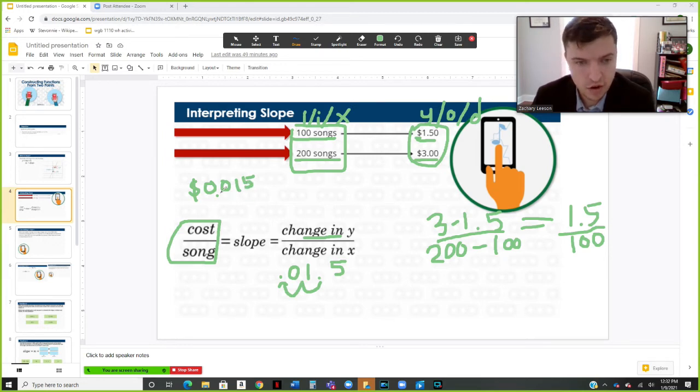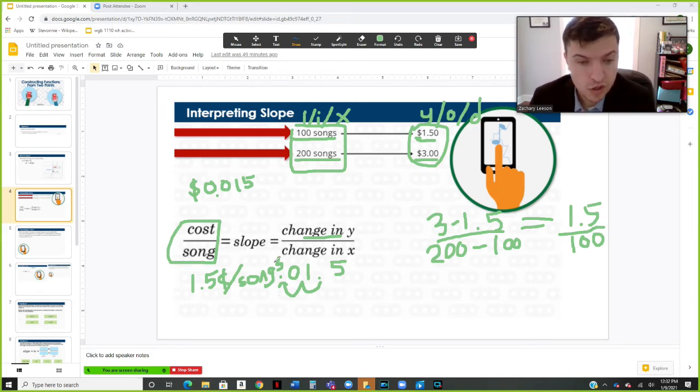And I know that 0.01, that's 1 cent, 1 penny. So I get paid 1.5 cents every time my song is downloaded or played on YouTube, right?